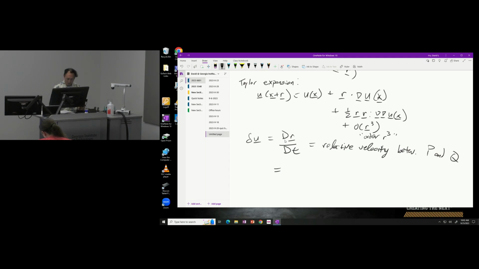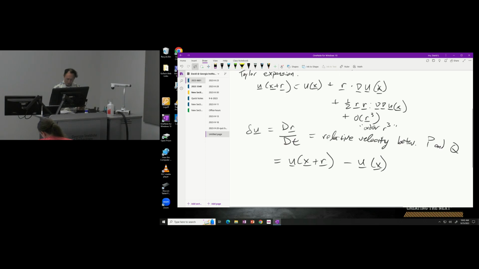So this change in u, we'll just write as the difference in u between those 2 points: u at x plus r minus u at x. Okay. And we just get rid of those higher order terms. So we'll have r dotted with del u. And from the homework, you've also practiced writing the information in the gradient of u. Remember, that's a tensor.